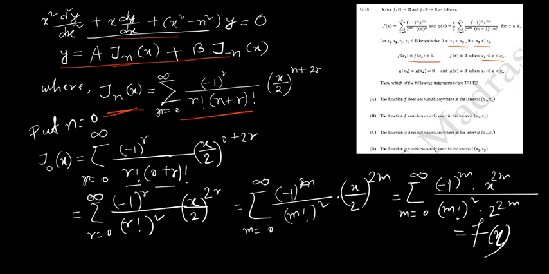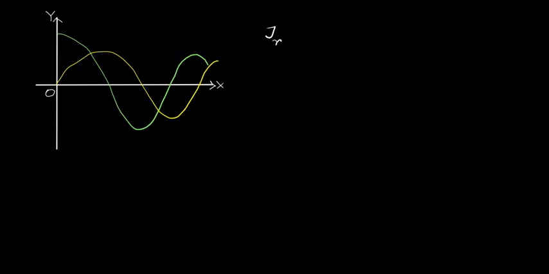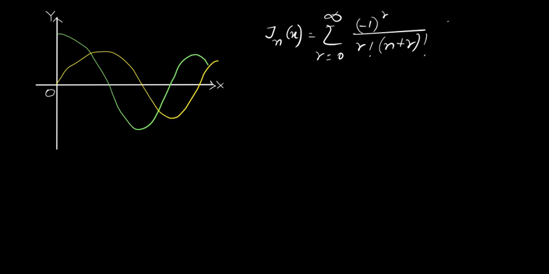Now if you put n equals 1, then J_n(x) is summation r equals 0 to infinity of (-1)^r by factorial r into (n plus r) factorial, times (x/2) to the power n plus 2r.